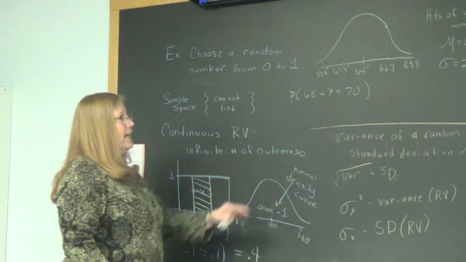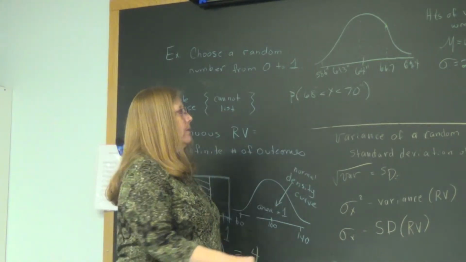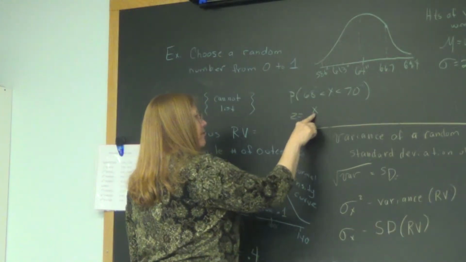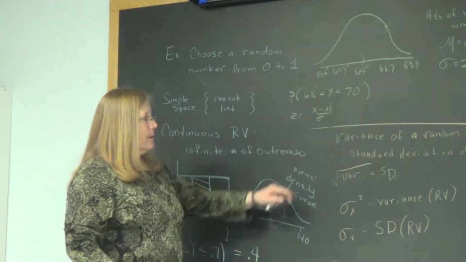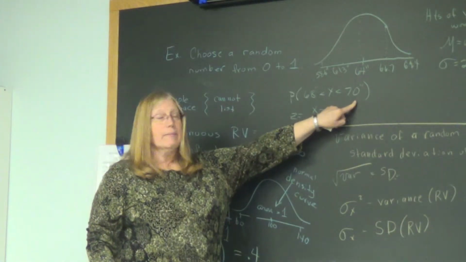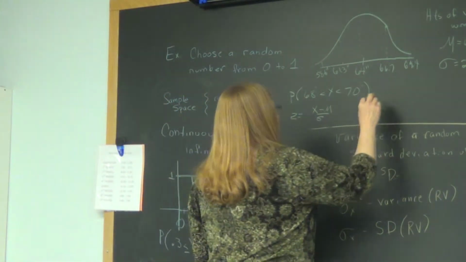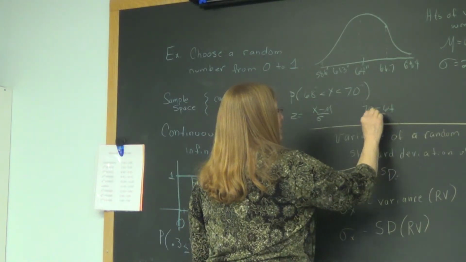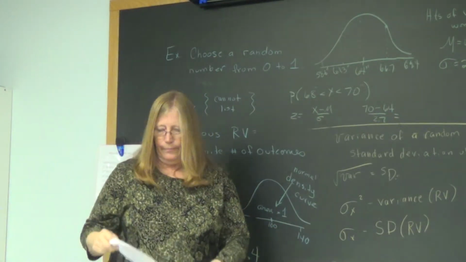We're going to change these numbers to z-scores. A z-score is the number minus the mean divided by the standard deviation. So I'm going to do a z-score for 70 and a z-score for 68. When I do the z-score for 70, I get 70 minus 64 divided by 2.7, which I'm sure I calculated.